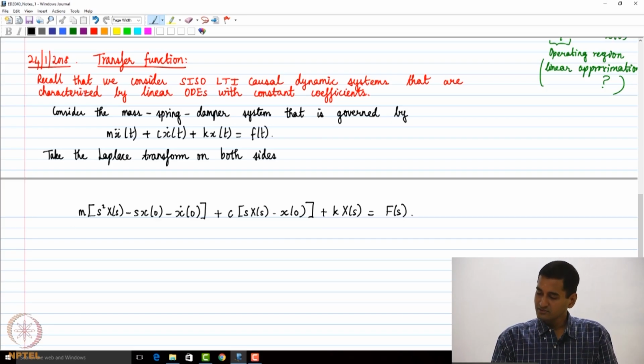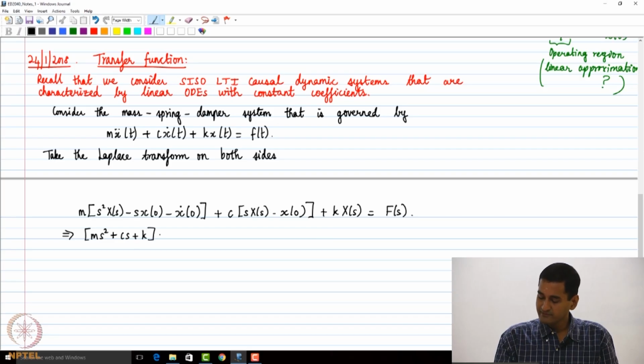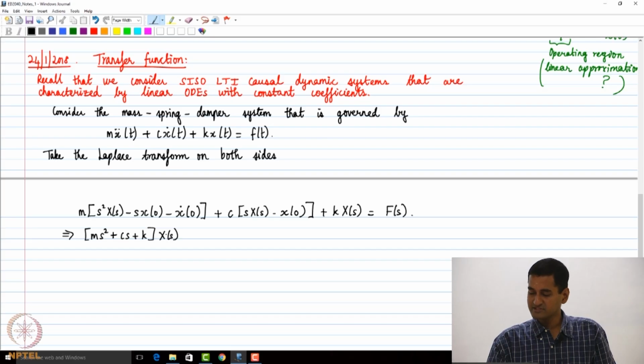So that's what we are going to have. Okay, so now if I just rearrange the terms, let me do it carefully. So if I do this, right, so I collect the terms involving capital X of s, okay, I am going to get ms squared plus cs plus k, and let's say I take all the initial conditions to the other side, right? So what's going to happen is the following.